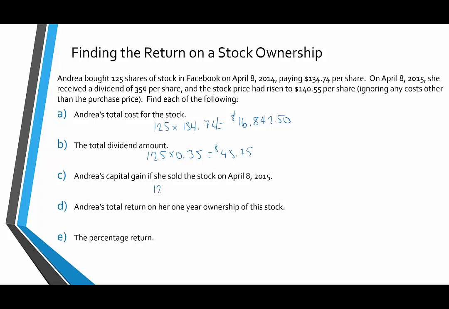Well, she had 125 shares, and she sold them for $140.55 each. And we're going to subtract from this part A, which is $16,842.50. When I calculated 125 times 140.55, I ended up getting $17,568.75 minus this.